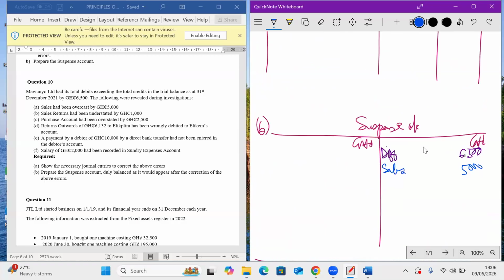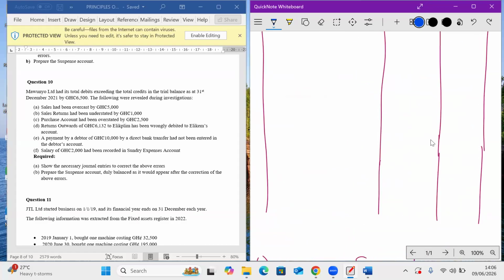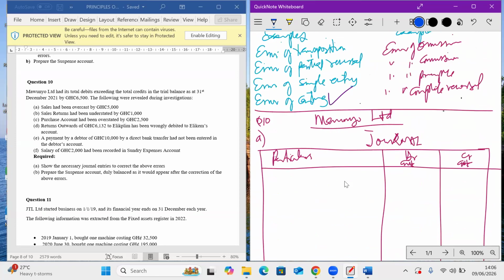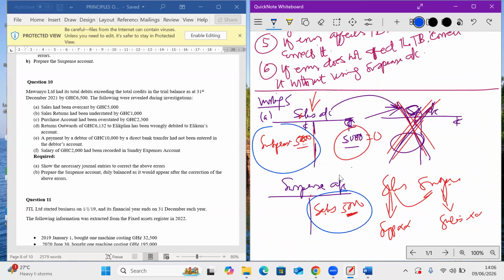Then I'm not done. I'll go to the journal. This is the journal. I have to come and record it here. So let's look at the two accounts here. Which one has a debit entry?